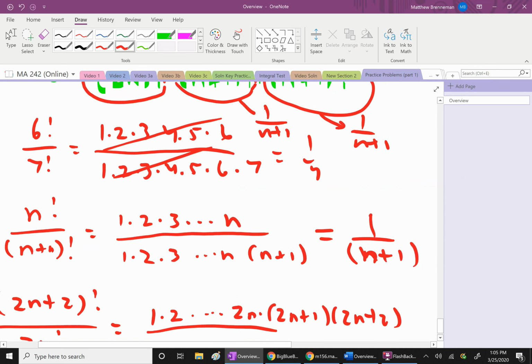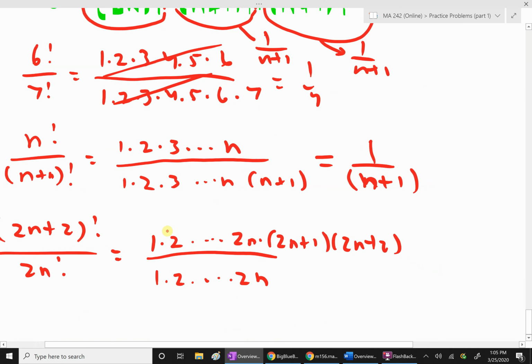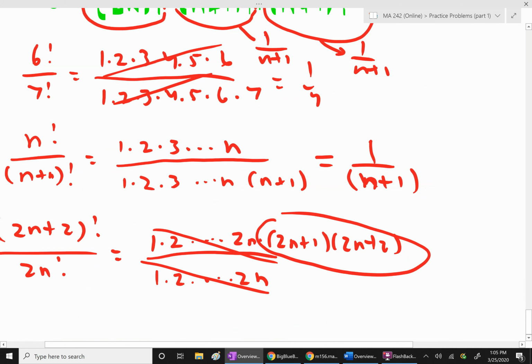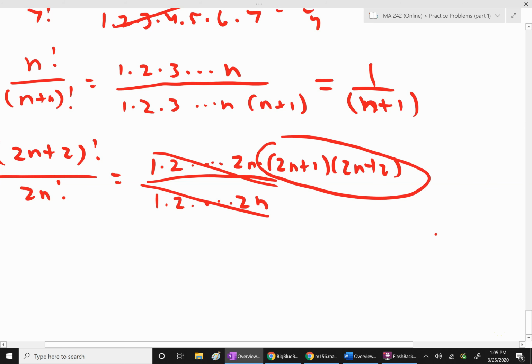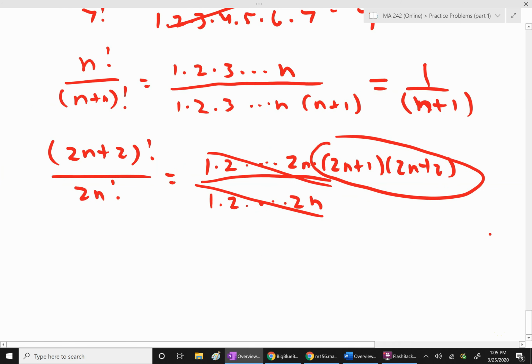Everything cancels, right? Everything cancels except this guy right here. Alrighty? So you get a quadratic. I'm going to get a quadratic in n. You're right, it's going to get complicated. That's the key observation. It's certainly going to get complicated.